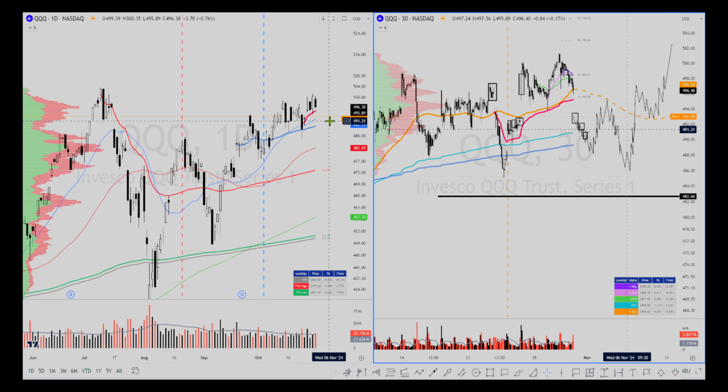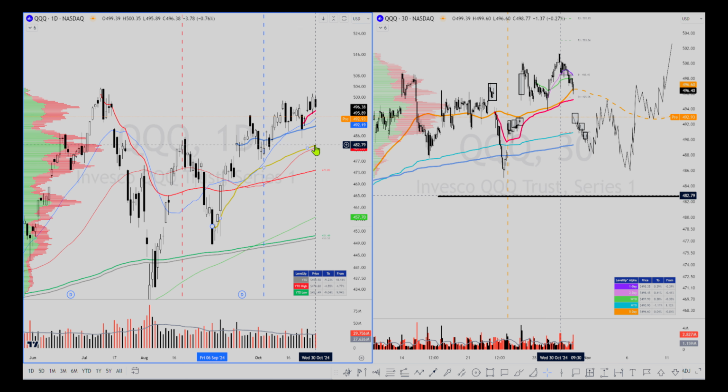If we break this 490 level, and 489, look for this break of 489 for a deeper pullback down into the 484 area, and this 50-day moving average at 481. So if we put a VWAP from here, we get very similar price here at this 482, similar to the 50-day moving average.